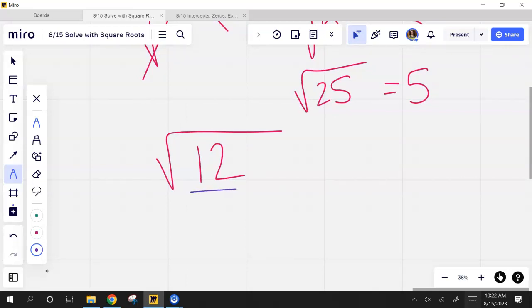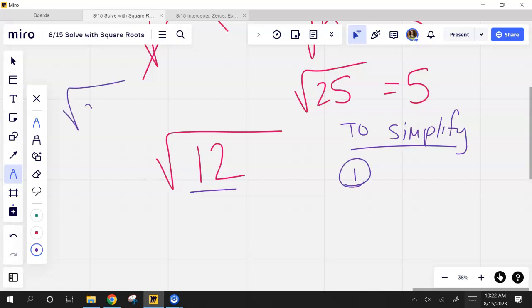So here's what I'm doing to simplify. What I want to do, because radicals have this property that says if you multiply under the radical, then you could split them up this way, right? If I multiply under, then I could say the square root of a times b is the same thing as the square root of a times the square root of b. So I can kind of split them up. So we're going to use that thought process to split this up.